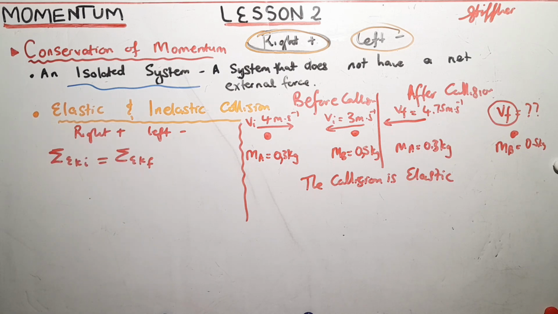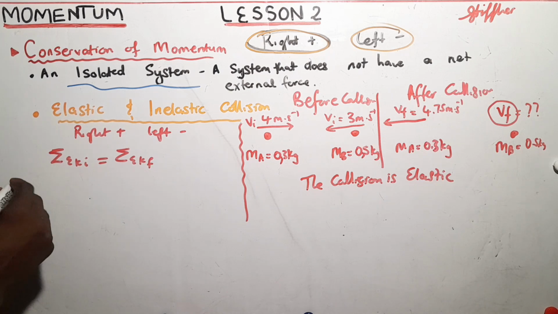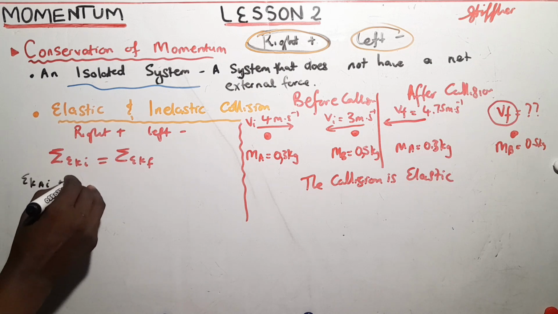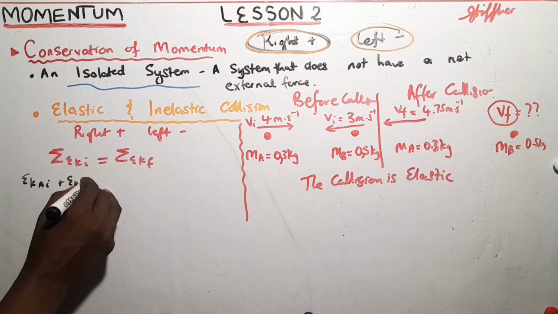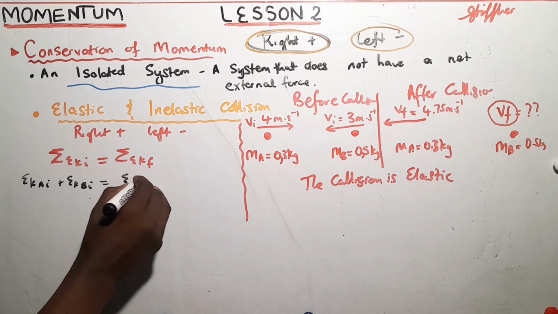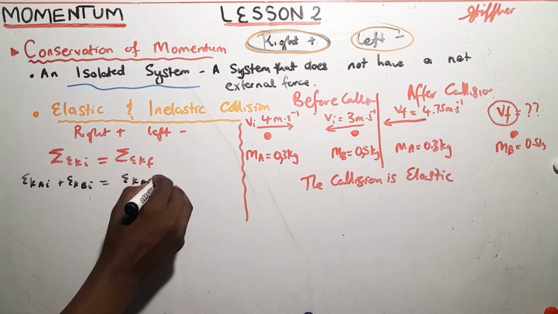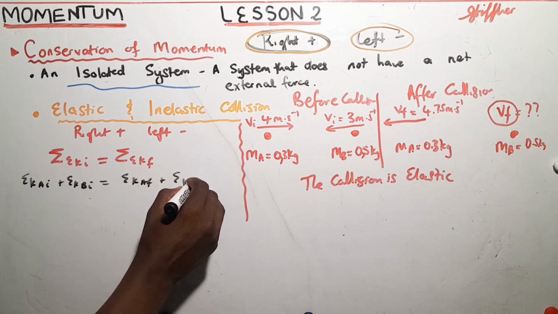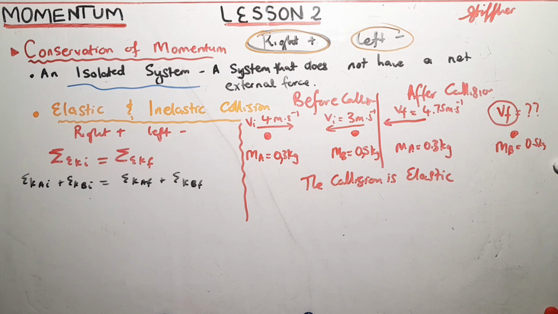Now how do we calculate the kinetic energy? EK of body A initial plus EK of body B initial will be equal to EK of body A final plus EK of body B final.